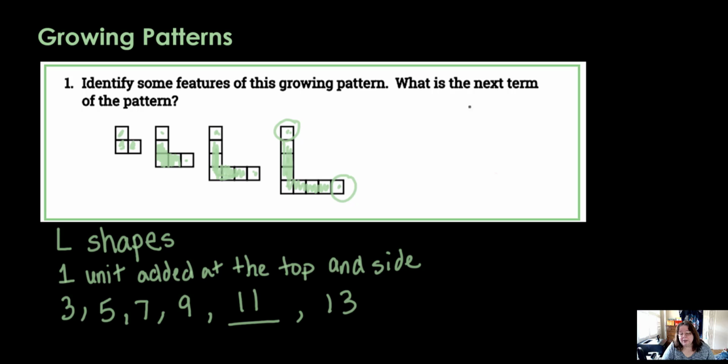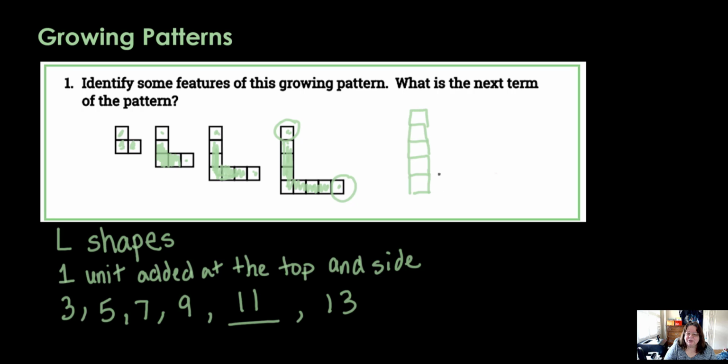Well, here you need to get in the drawing mode, and we're going to draw. I'm going to start with my center square, and I'm going to, instead of having 1, 2, 3, 4 on the top, let's do that. 1, 2, 3, 4.